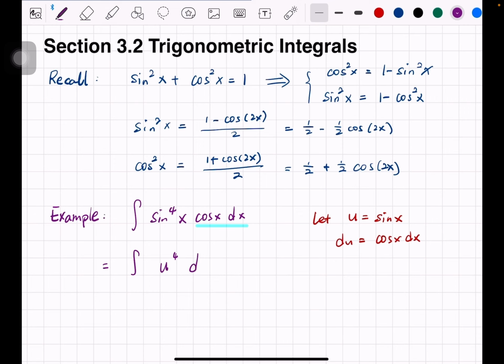So we can rewrite it as the integral of u to the fourth power du, which is easy to find the antiderivative of. We get u to the fifth power over 5. Replace u with sine of x, and we get sine to the fifth power of x over 5 plus the constant c.